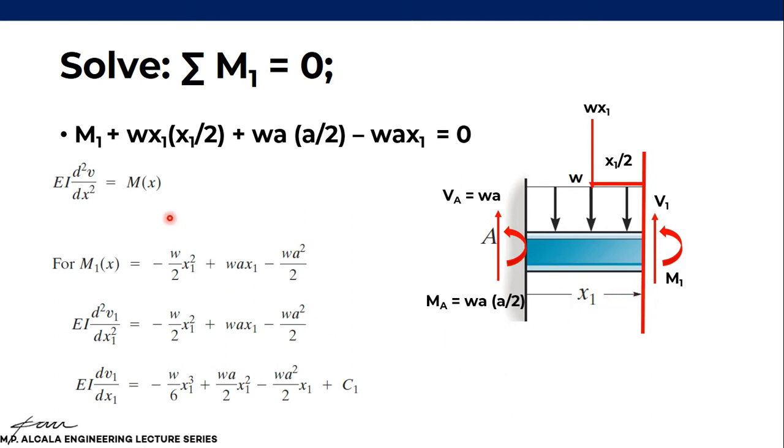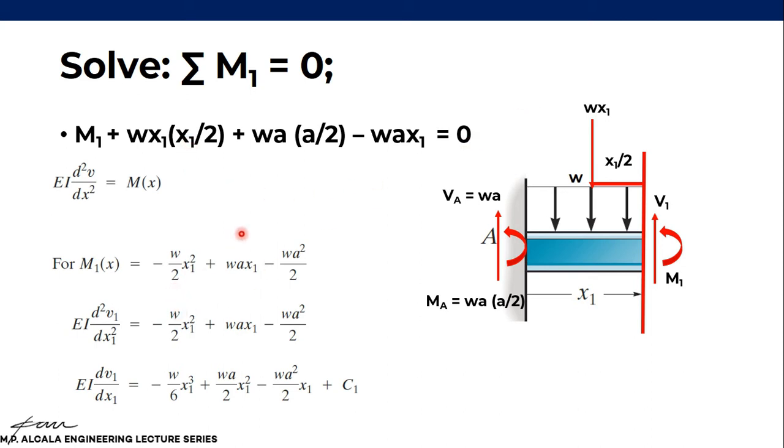Take note of that. Since we are concerned with the moment at section 1, here is our section 1 again. The moment function at x is simply these values. This one coming from this value, I just transpose it to the right, so it became negative.